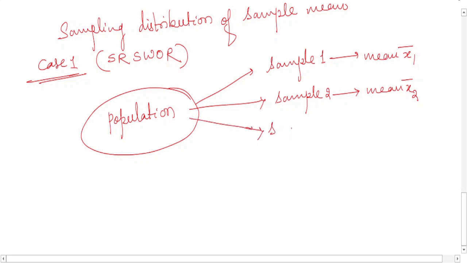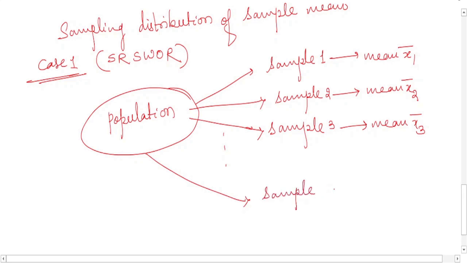Then sample 3 of 10 units, and denote the mean of this sample 3 by x3 bar. In the same way, if we take sample n from the same population, let us denote the mean by xn bar.